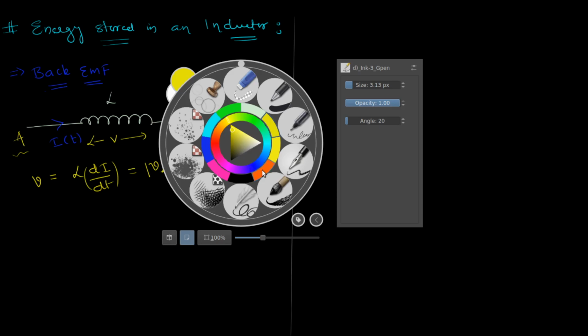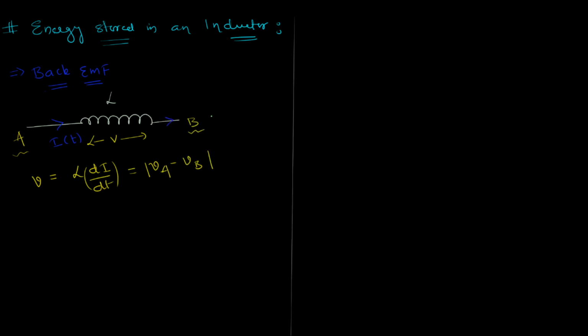In order to do that, let's say the current that I'm taking right now is in fact increasing with respect to time. So I of t is increasing with respect to time.